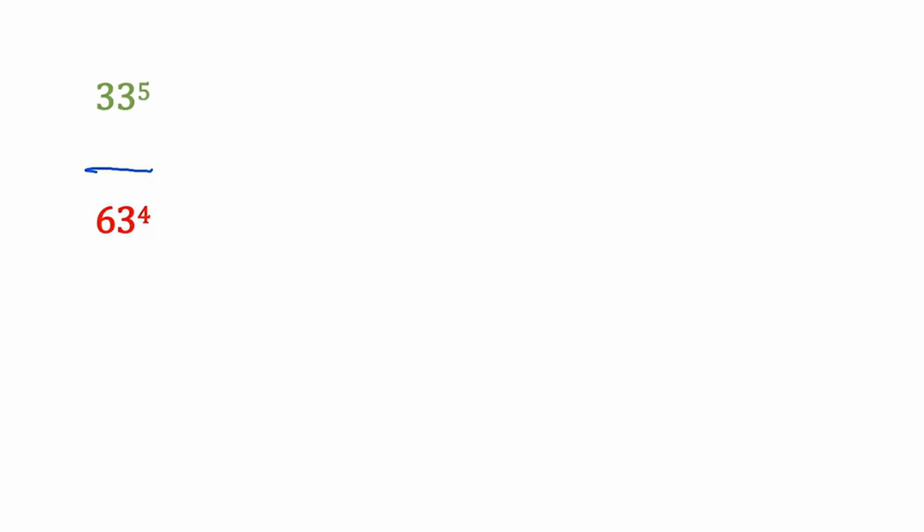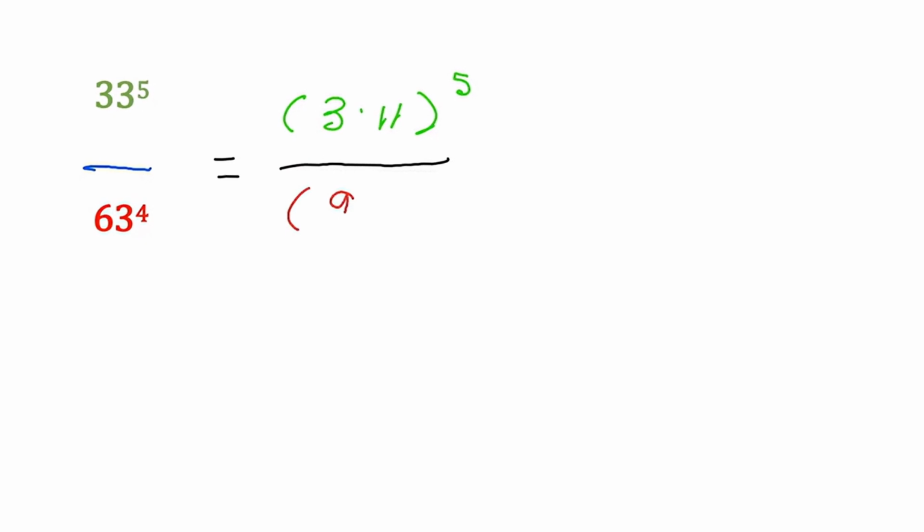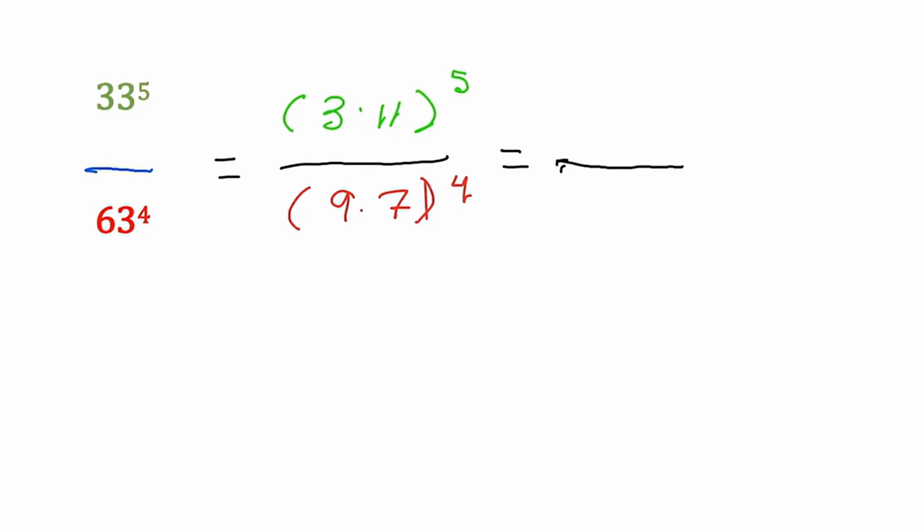First of all, the prime factorization. 33 is 3 times 11, and that's all being raised to the fifth power. And 63 is 9 times 7. That's all being raised to the fourth power. I'm going to rewrite 9 as 3 squared while keeping the numerator the same.